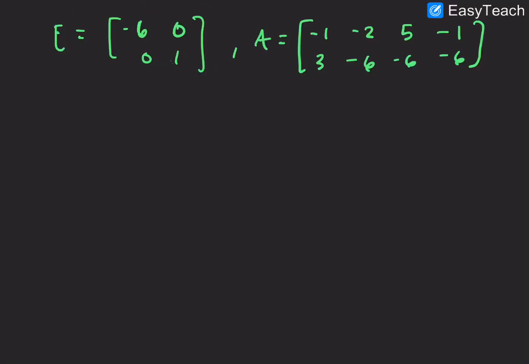You acquire an elementary matrix from performing a row operation on the identity matrix, which again was just 1 0 0 1. So how did we get from the identity to -6 0 0 1? Well, clearly you multiplied row 1 by -6, right?